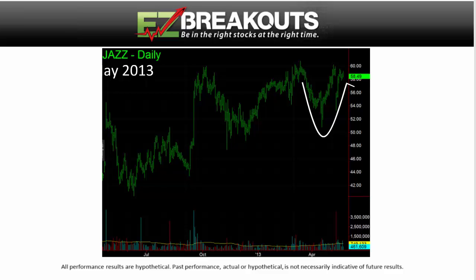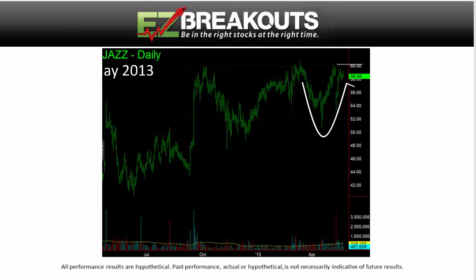All right, so in Jazz Pharmaceuticals, we see that it has a 28% run-up, even more if you count from back in the July period. It has a 16% depth, so it actually is a very tight cup and handle compared with the normal 30% corrections that we see. 16% means that the funds just did not let this go down. They snapped up any sort of discount in the price. It's 10 weeks long, so this is a very short period as well.